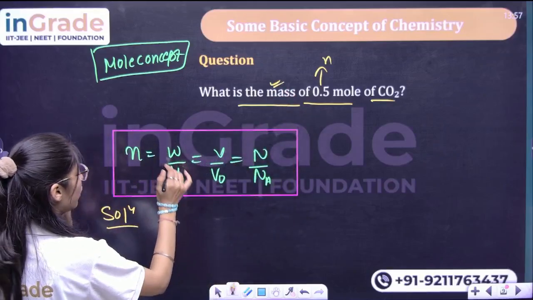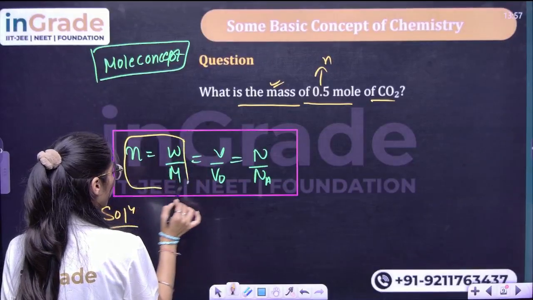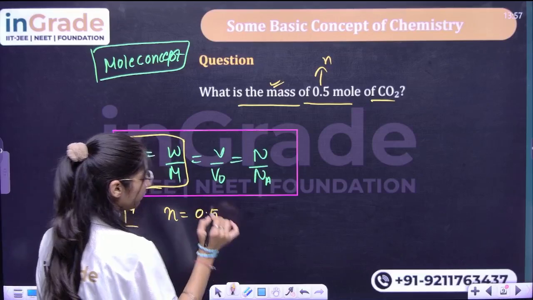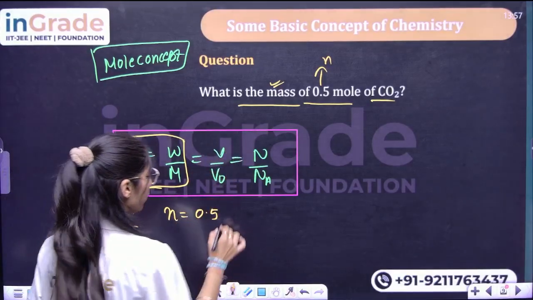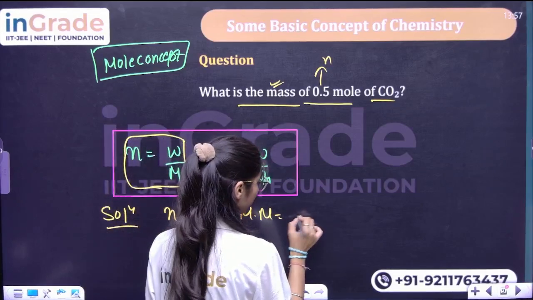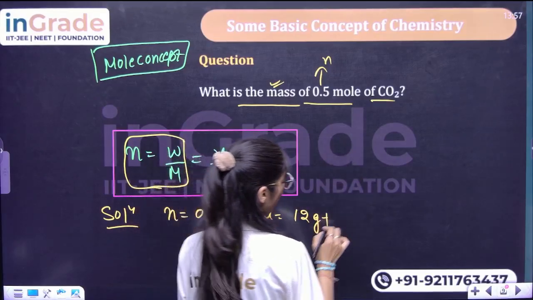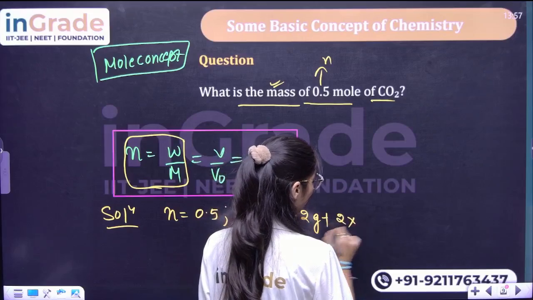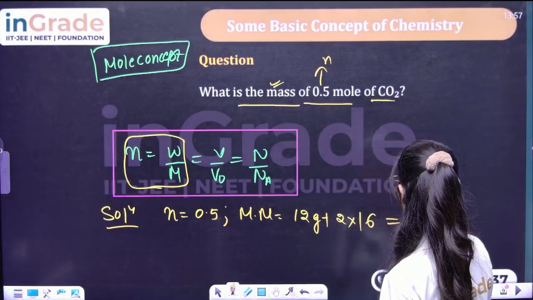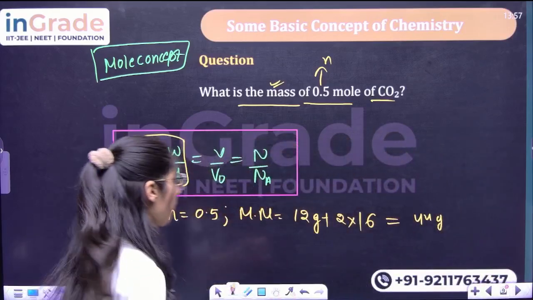So we are going to use these two formulas. n is equal to 0.5, and for CO2 the molar mass is, for carbon 12 gram and for oxygen 2 multiplied by 16, that is 32, which gives 44 gram. So this is your molar mass.